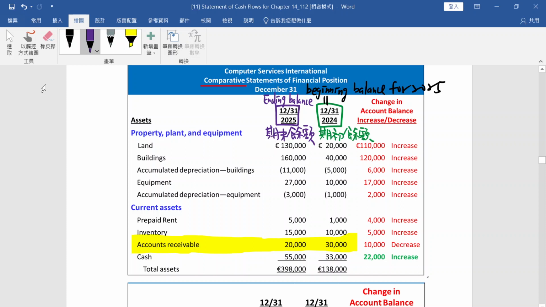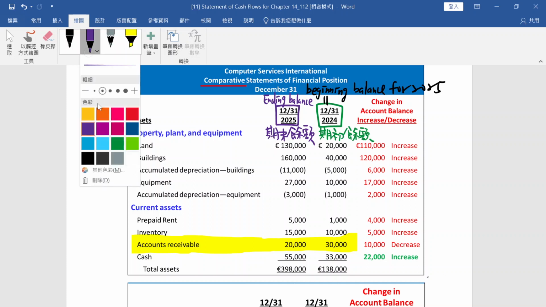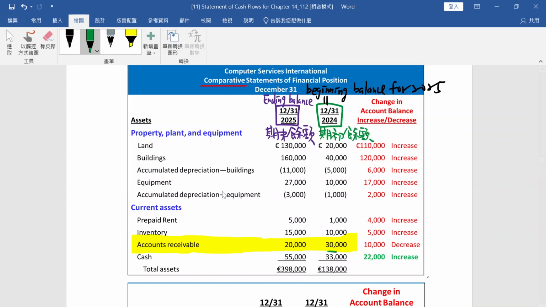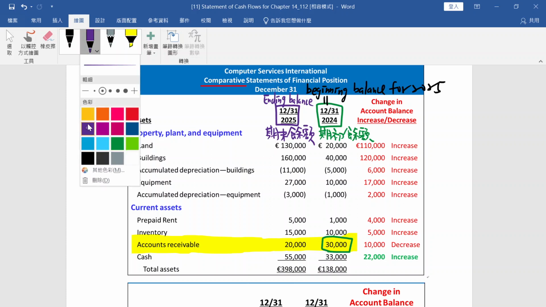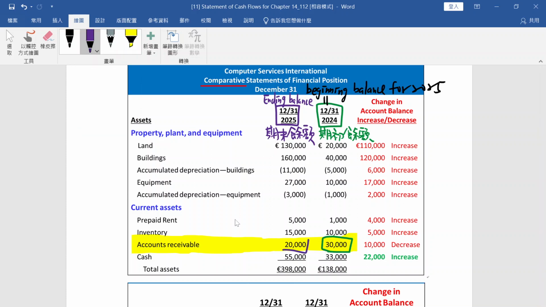So I got the beginning balance, I got the ending balance. So what's my beginning balance? $30,000. Beginning balance, $30,000. What's my ending balance? $20,000. Okay? You need these two numbers' help.